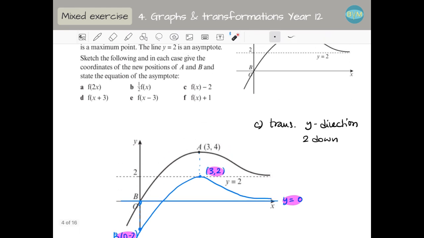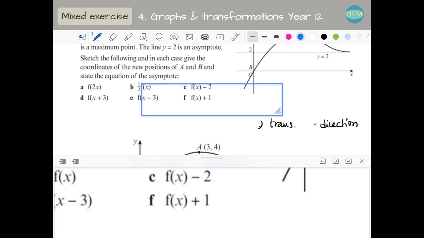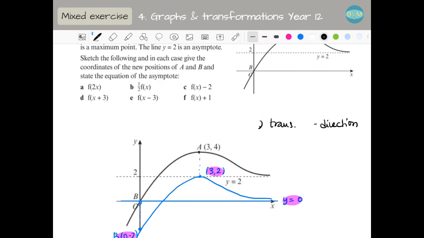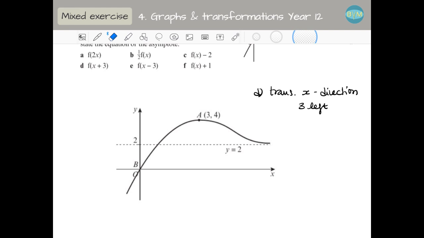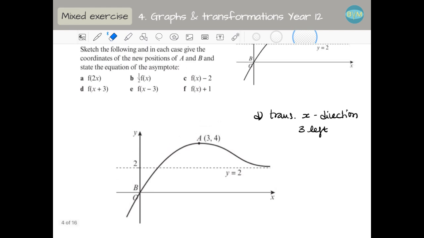For D, I'm adding 3 to the x. It's a translation, in the x direction, and I'm moving 3 left. So when the number is positive, I'm moving left, which means my asymptote doesn't change because it's in the x direction, but my points go 3 to the left.